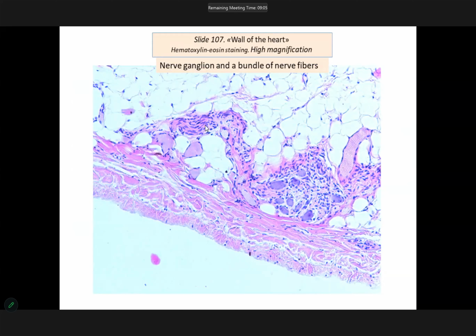It consists of nerve fibers, and it's a little bit wavy. The bundles of nerve fibers are always a little bit wavy in our preparations. And the cell nuclei that we can see here are the nuclei of glial cells, Schwann cells.